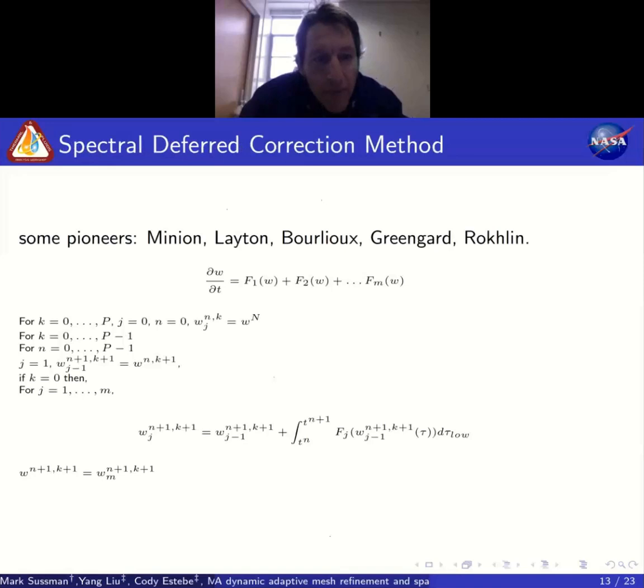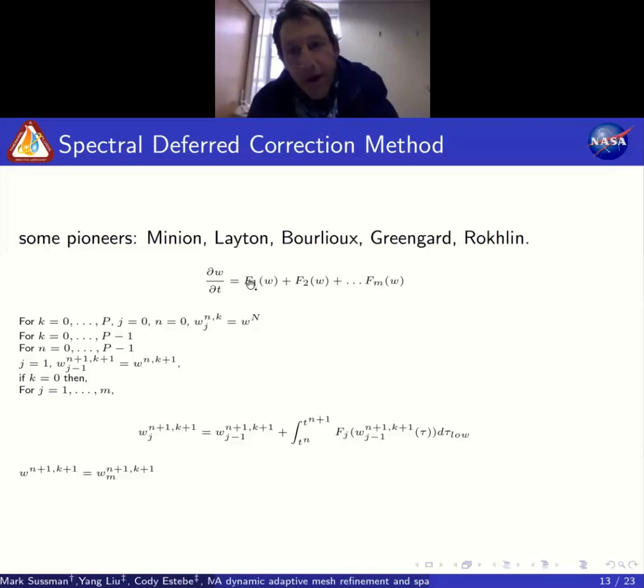Okay, and again, with the spectral deferred correction method, given some kind of differential equation, here I show an ordinary differential equation, but these operators F1, F2, Fm can represent different parts, and they can have space derivatives in them.